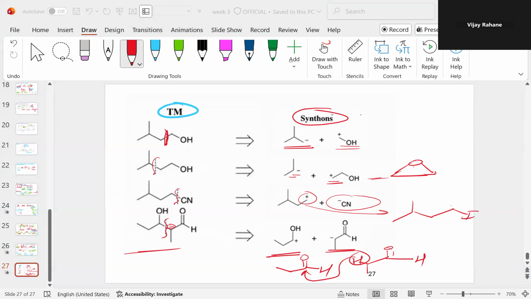The first question is basically based on the aldol condensation reaction that we have already discussed, the base catalyzed aldol condensation reaction. The second question is on the pinacol rearrangement reaction. The third question is based on this one. It's simple, I think.